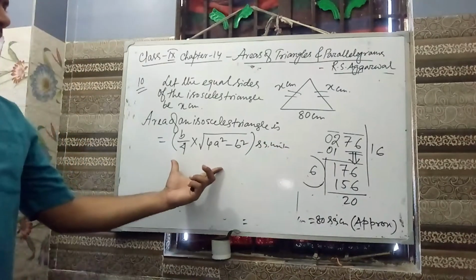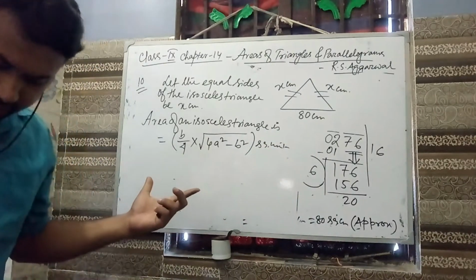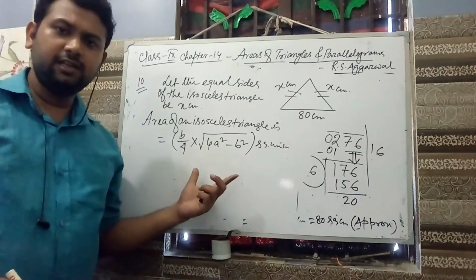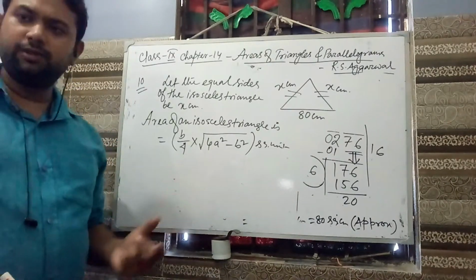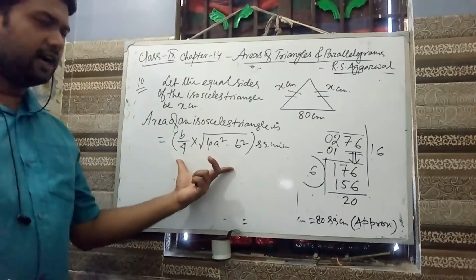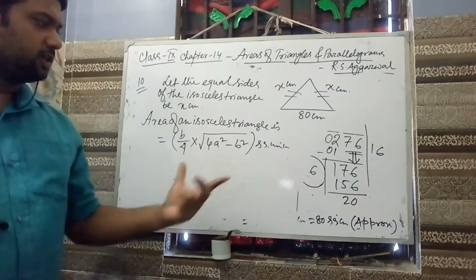Look, the area is already given: the area of the triangle is 360 square centimeter. So this area and 360 must be equal.